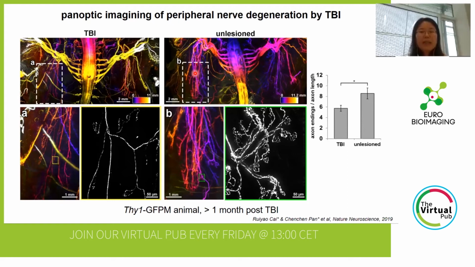We can also see that neuron degeneration happened at the contralateral body side. And based on the axon ending quantification, we can see that there's a very significant degeneration related to the peripheral nerves.